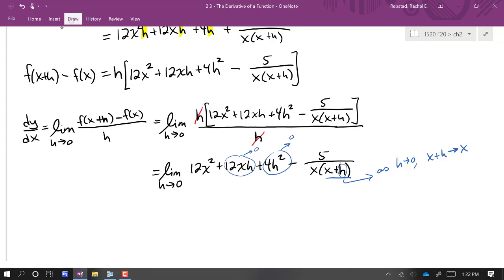So let's let h approach 0 now, and we no longer need to write the limit. So we have our first term, 12x squared. The next two terms zero out. And then minus 5 over, the bottom is x times x, or x squared. There's our derivative.